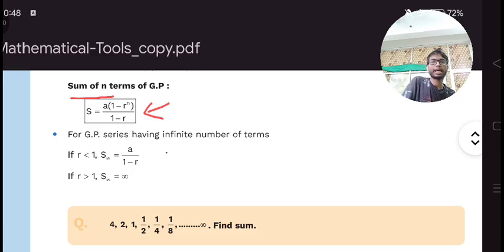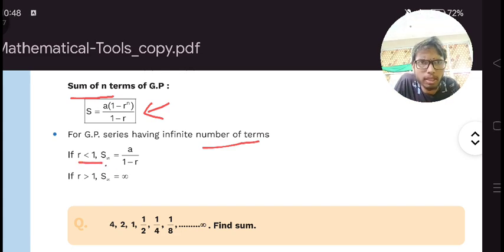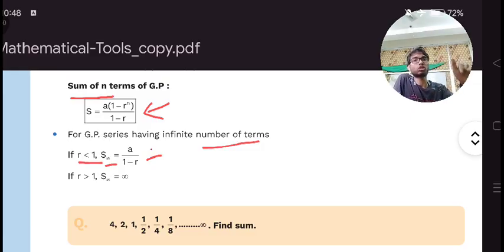For a GP series having an infinite number of terms, how do we calculate the sum? In that case, if r is less than 1, then S infinity is equal to a upon 1 minus r. We know that a is the number at the first place, and r is just the ratio of two terms.